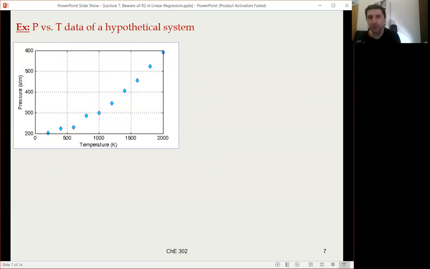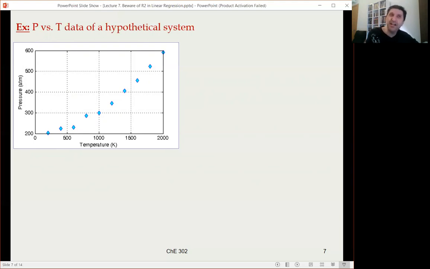Of course, it depends on the process, but we know that they are dependent on each other. When temperature increases, pressure is likely to increase. Of course, if you have a closed loop system or something like this, things may change. But the first thing that comes to mind is that if temperature increases, pressure increases, which seems to be validated by this experimental data.